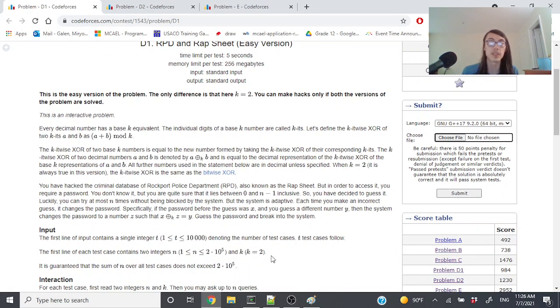Alright, I can just read this. So k equals 2, k is at most 100. It's interactive. K at y is XOR equal to the new number. Yeah. So this is bitwise.